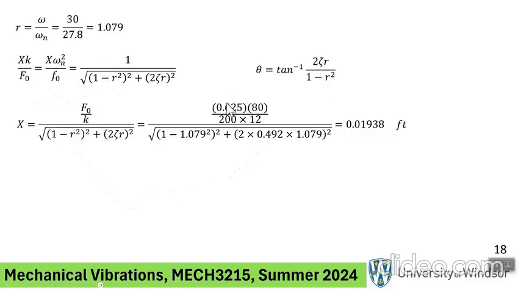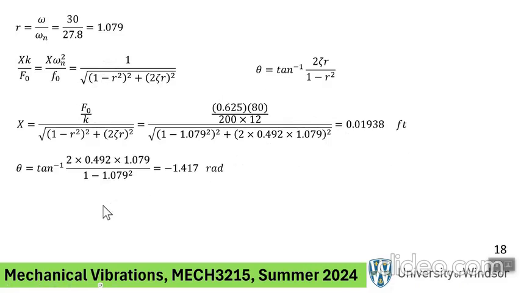The amplitude of the pressure was 0.625. You multiply it by 80 square inches and then divide by K, so everything is consistent here. You just plug it in, you got the zeta and R, and you get your displacement in feet. Okay, everything is converted to feet. All right, and we move on.